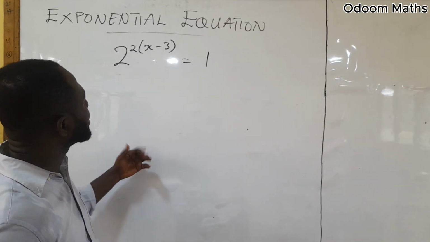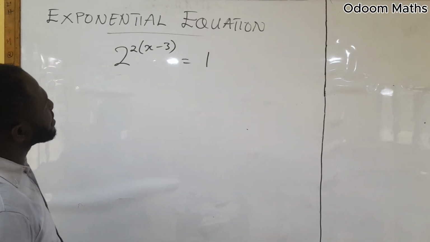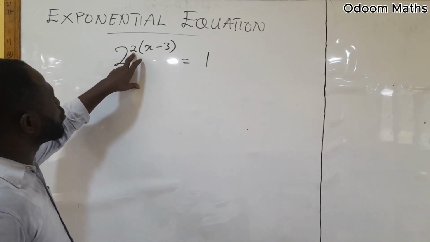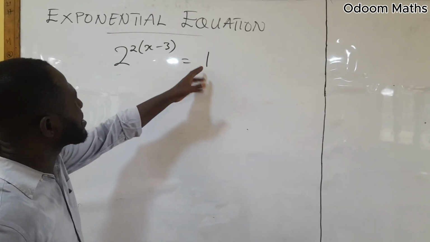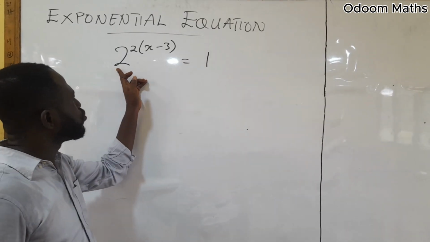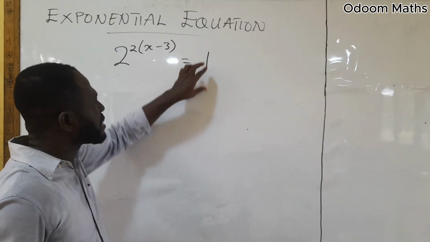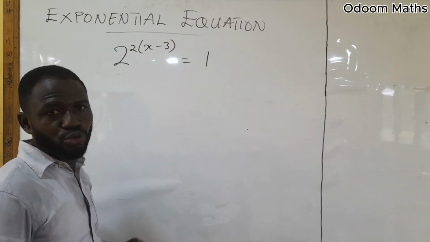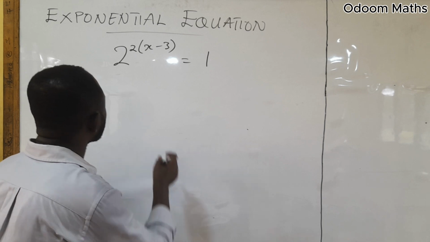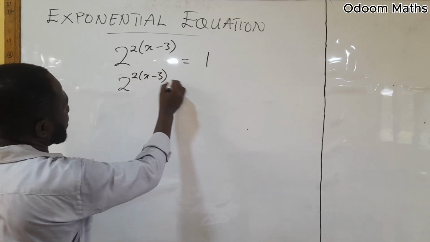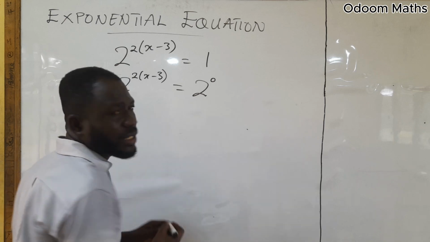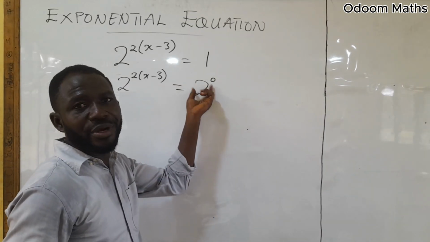Okay, now let's see. So this is 2 to the power 2 into brackets x minus 3 equal to 1. Now because this 2 and this 1 are not the same, we can still change this one to a 2 with a certain power. So we can say that this is 2 to the power 2 into brackets x minus 3 equals 2 to the power 0, because we said any number to the power 0 is 1.